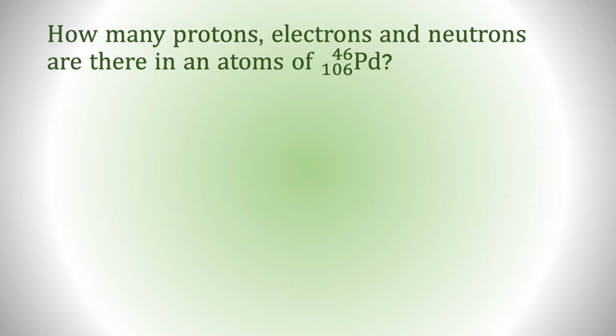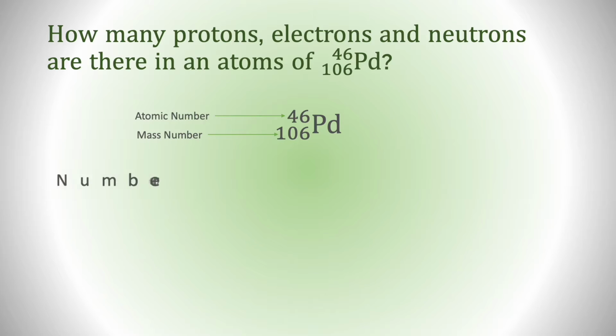Let's get this from an example. What is the number of protons, electrons and neutrons of an atom of palladium? Top left is 46. 46 gives the atomic number. Bottom left is 106 and that gives the mass number. If the atomic number is 46, the number of protons should be the same.